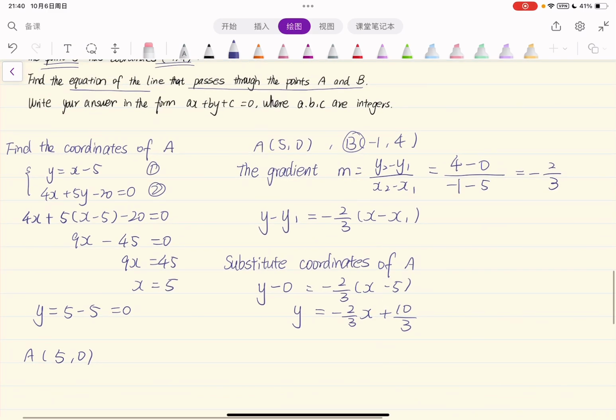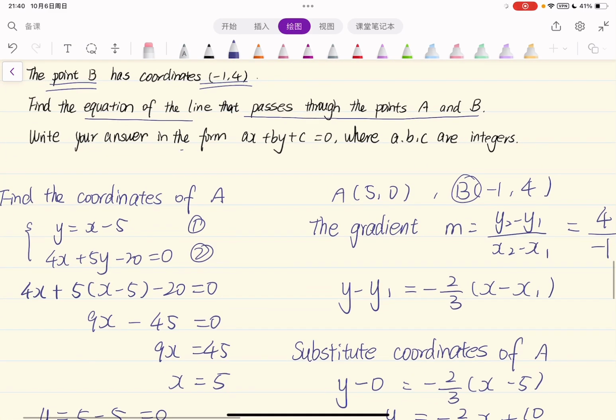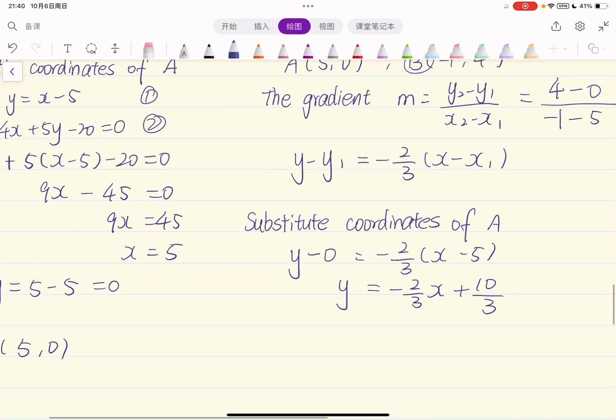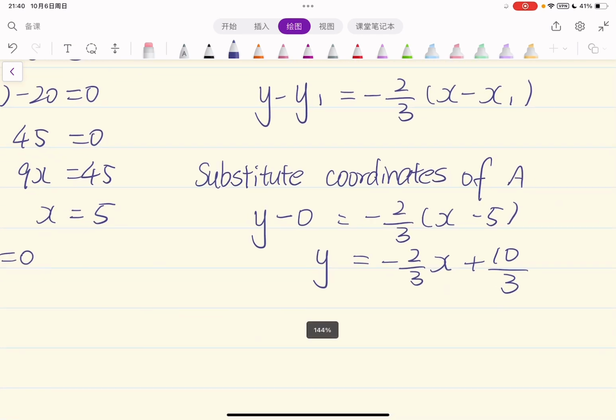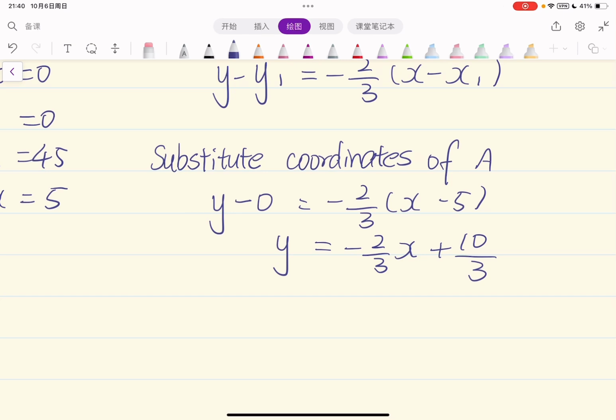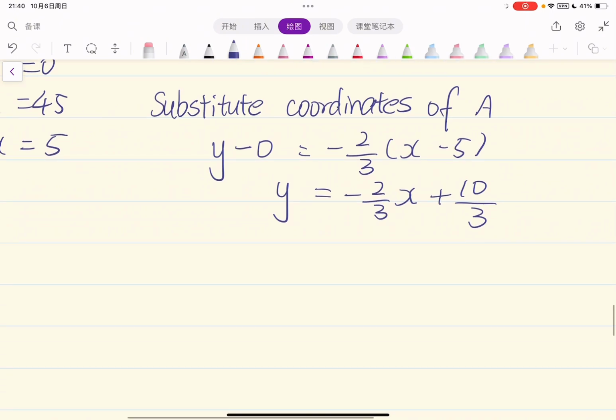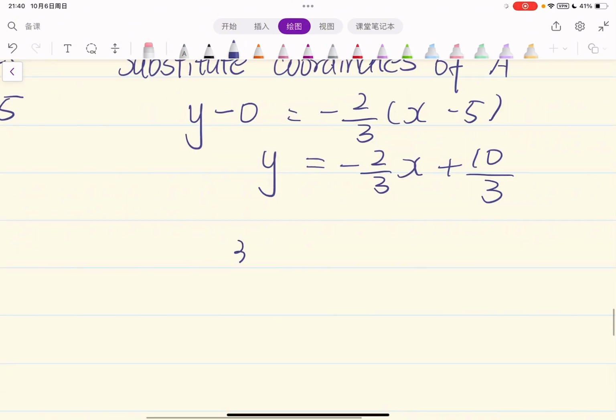Well, the question asks you to write your answer in the form ax plus by plus c equals 0, where a, b, c are integers. So we don't want to have the denominator. So we need to times 3 on both sides. That is 3y equals minus 2x plus 10.